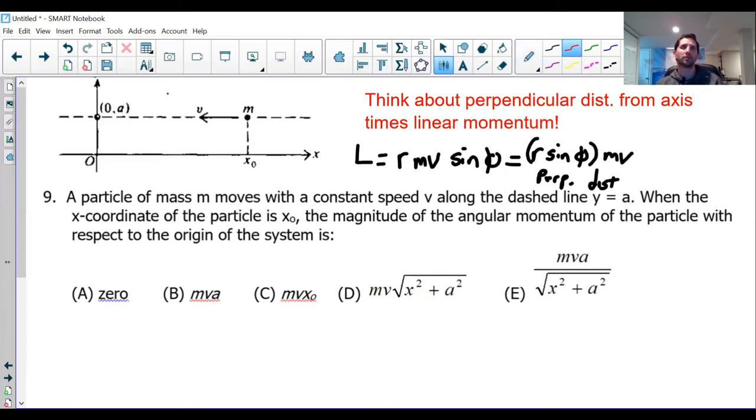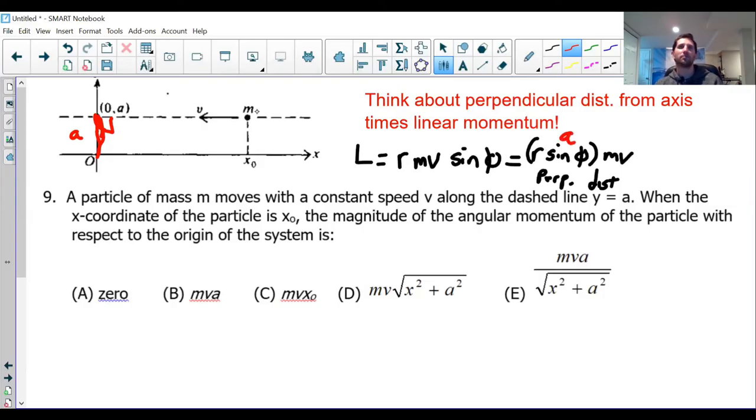Start here and go, I can't draw a straight line with this tablet, but imagine a straight line like this. So that makes a 90-degree angle with the dotted line. Think about how far that is. Well, you know, because you have the coordinates here. This distance is a. So now we know that this is a.